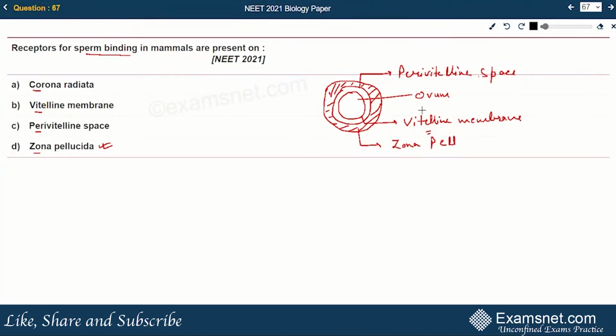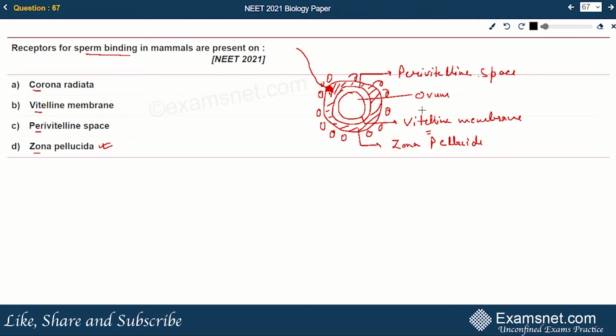Now why is this layer important? Because this is the layer with which the sperms come in contact while fertilization is going on. Even around this zona pellucida layer is the layer containing cells of corona radiata.